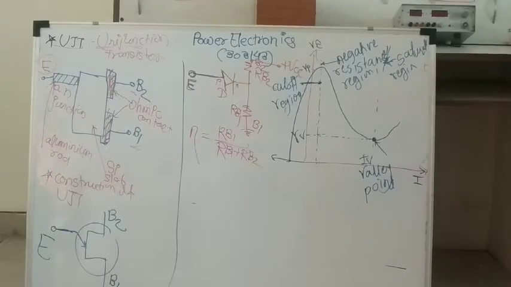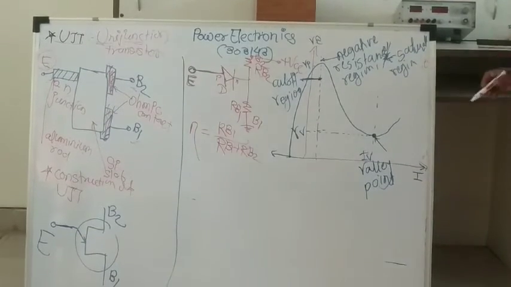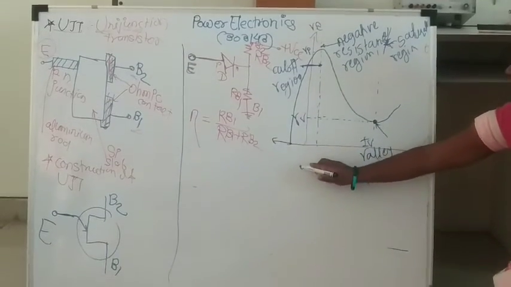Now, these are the VI characteristics of UJT. Named figure.